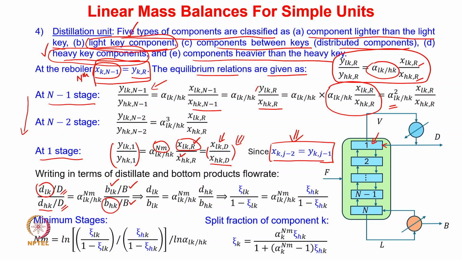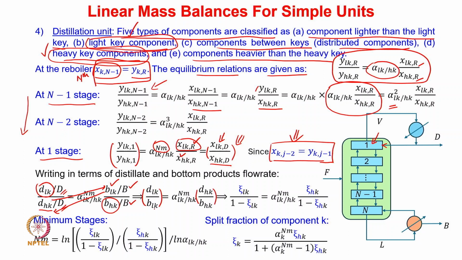We again can rearrange this dhk. So this dhk is taken from here to here, and this blk is moved in the denominator. So we have represented this equation as dlk by blk is given as alpha lk by hk raised to the power nm into dhk by bhk. So you can see that this particular term is now with respect to the light component, and the second term is with respect to the heavy component.